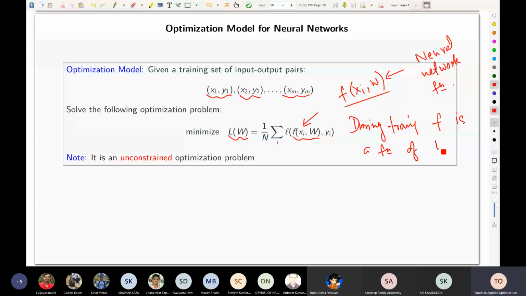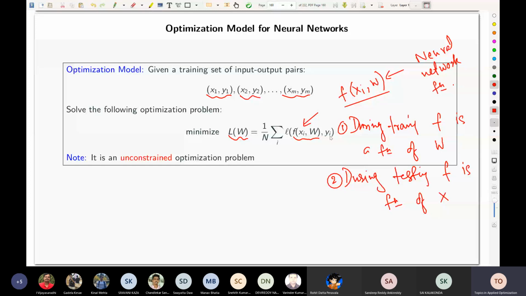I see this as a function of W. And during testing, f is a function of x, because W has been learned. So these are the things we remember. During training, f is seen as a function of W, and x are the samples that we are given already. So these are known, and W is something we are trying to figure out.